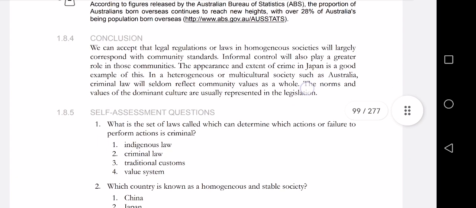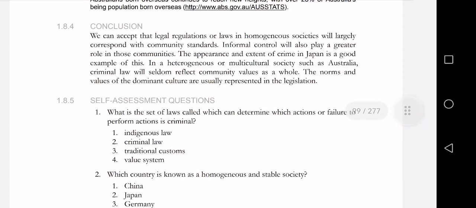Conclusion: we can accept that legal regulations or laws of homogeneous societies will largely correspond with the community standards. Informal control will also play a greater role in those communities.